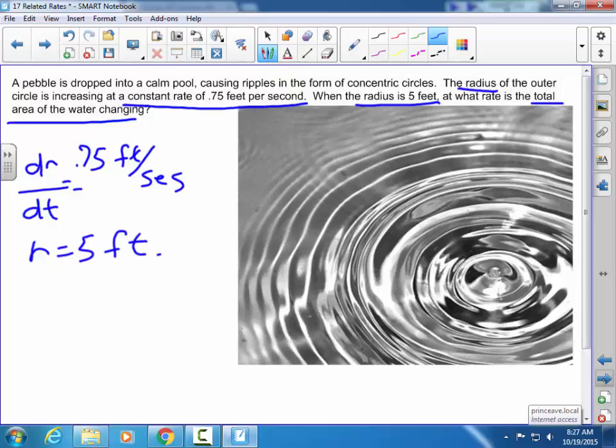So we must have something to do with area. At what rate? That means we're actually trying to figure out what dA over dt is. That's what we're trying to figure out.